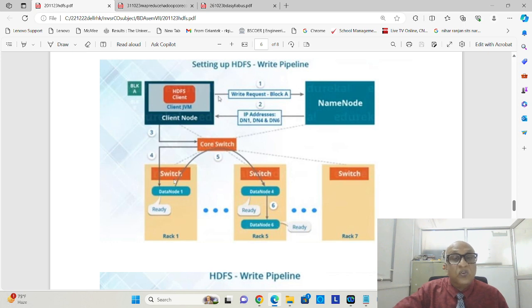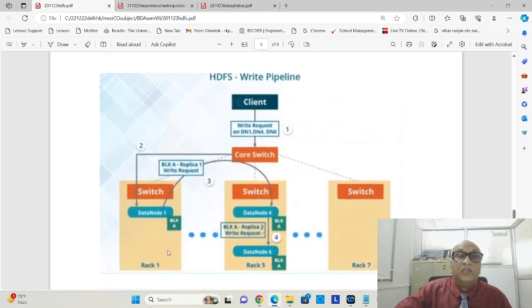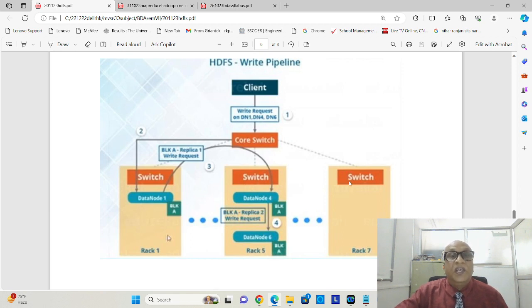After that, data node 1 will be creating a replica in data node 4, while data node 4 will be creating a replica in data node 6. So data node 1 resides in rack 1, while data node 4 and data node 6 reside in rack 5. You can see here what's happening. The client has sent a write request to be written at data node 1, data node 4, data node 6.